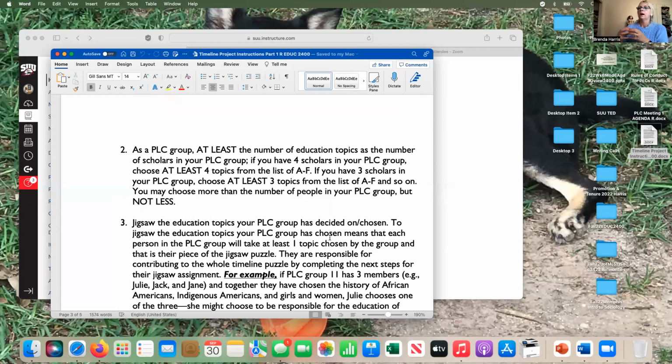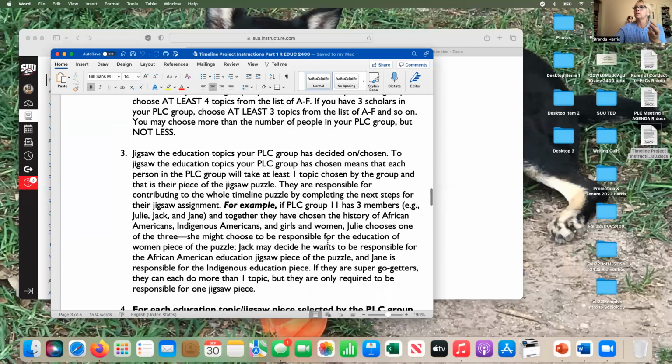So, for example, if PLC Group 11 has 3 members, Julie, Jack, and Jane, and together they have chosen the history of African Americans, the history of Indigenous Americans, and the history of girls and women, then Julie says, I want the puzzle piece that's the history of women's education in the US.